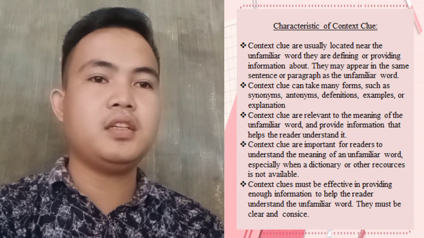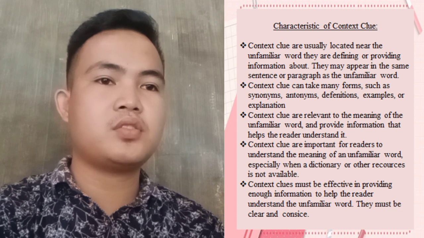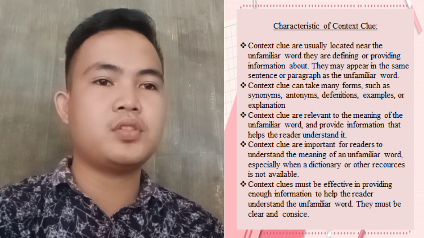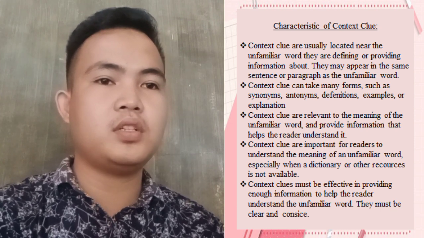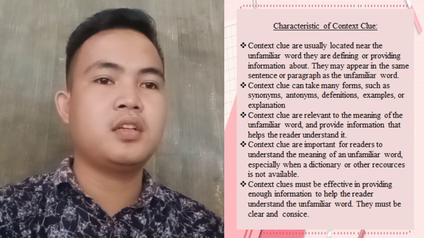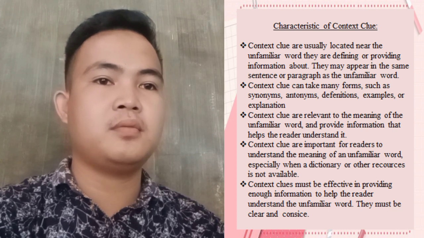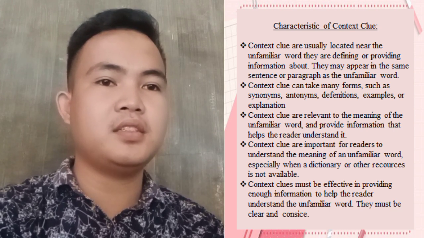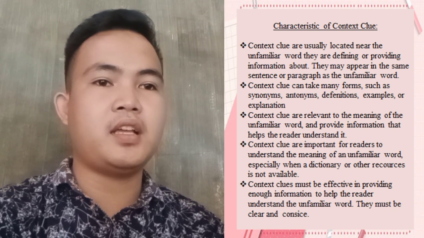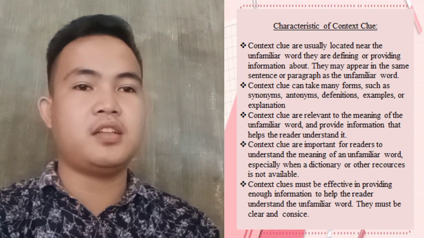So the meaning of the second point is that the context clue gives an approach to the reader, and the reader can better comprehend the meaning of the text, like synonym, antonym, definition, example, or explanation.